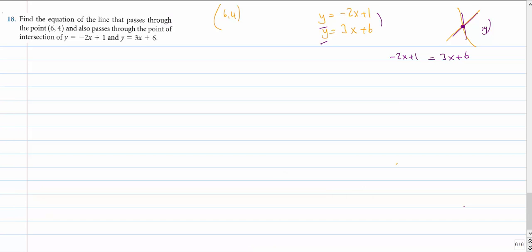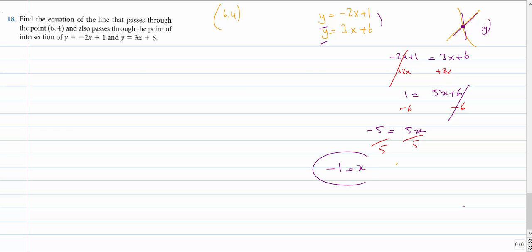All right, so then I add 2x, gone, 5x plus 6, then I subtract 6, gone, negative 5 equals 5x, then I divide both sides by 5, negative 1 equals x. So x is equal to negative 1.